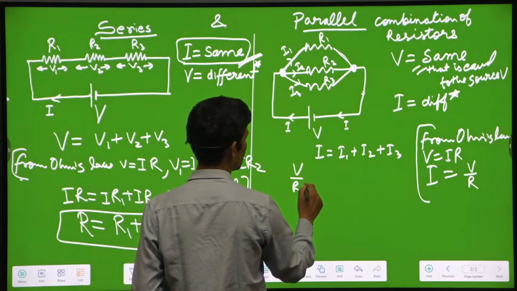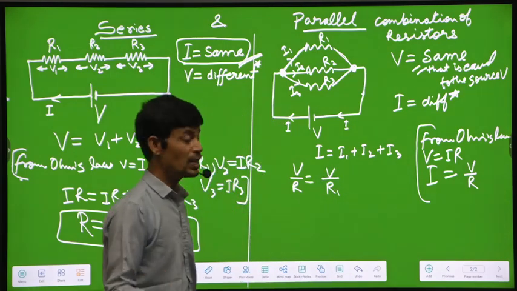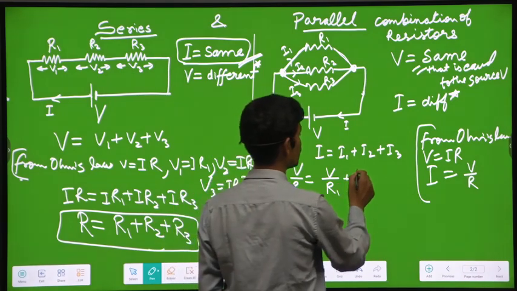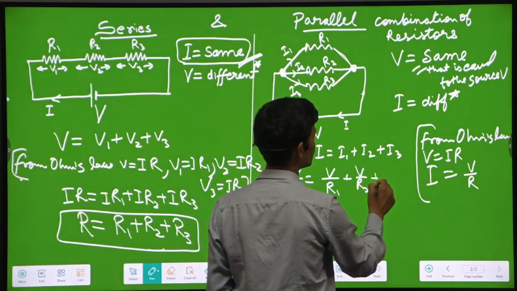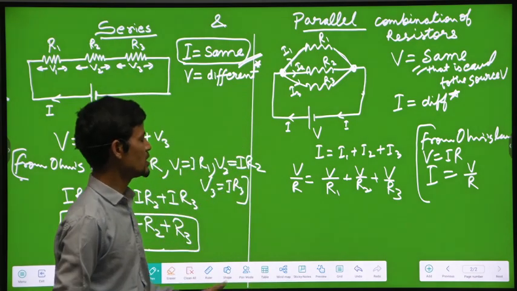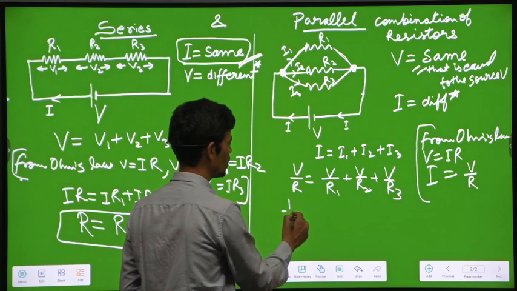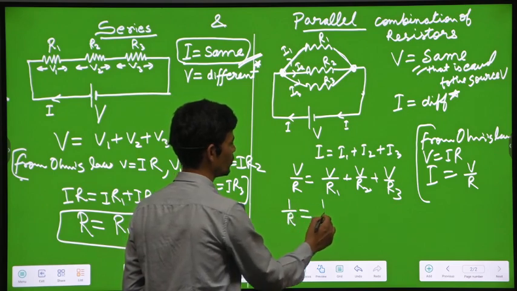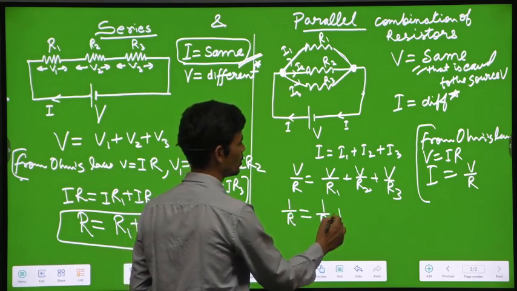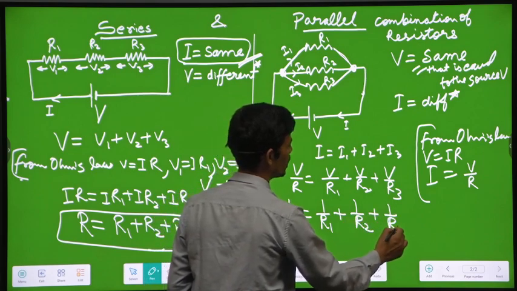V by R is equal to V by R1 because V is same, plus V by R2 plus V by R3. We can divide this entire equation by V. So there will be 1 upon R, 1 upon R1, 1 upon R2, 1 upon R3.